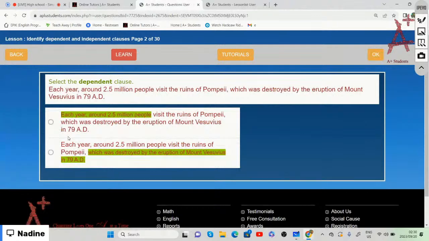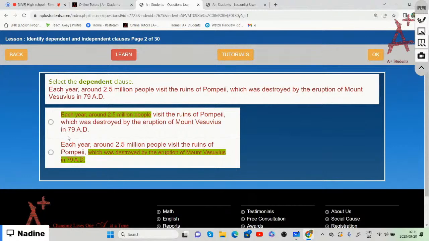Every year, around 2.5 million people visit the ruins of Pompeii, which was destroyed by the eruption of Mount Vesuvius in 79 AD. So we need to select the dependent clause.